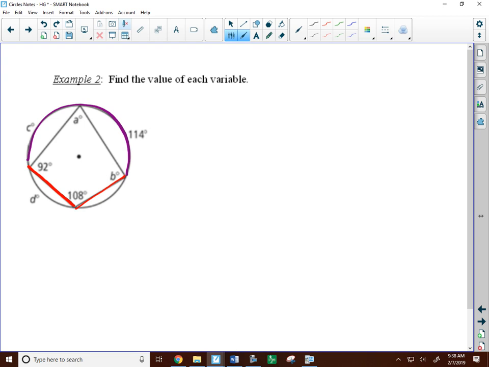Well, I can't find C directly, but I can get the entire purple arc there. Because I have the angle, so the arc is double, since an inscribed angle is half. So multiply by 2, and I can get this whole arc here is 216.